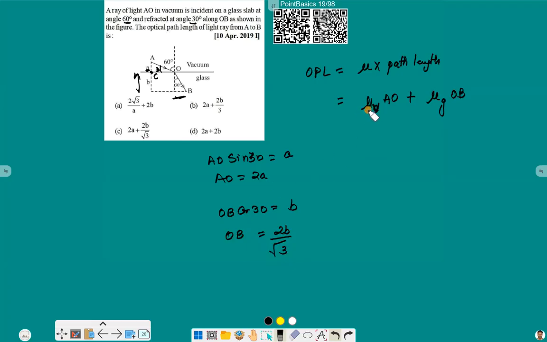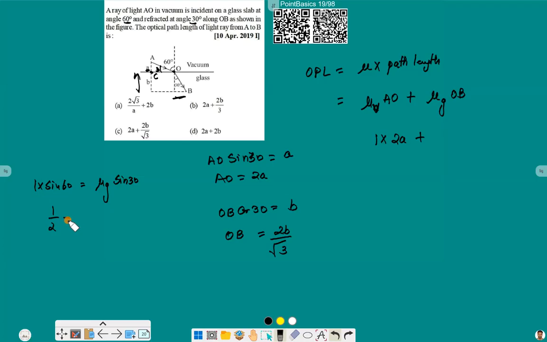Now the refractive index of vacuum is 1. So 1 into 2a plus refractive index of the glass, which is not mentioned here. So let us calculate it using Snell's law. Let us apply Snell's law at this point: 1 into sine 60 is equal to refractive index of the glass into sine of 30.